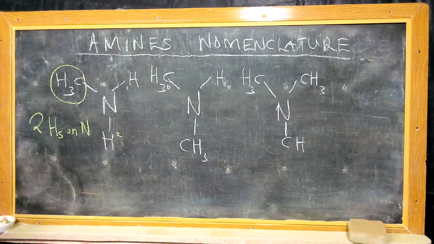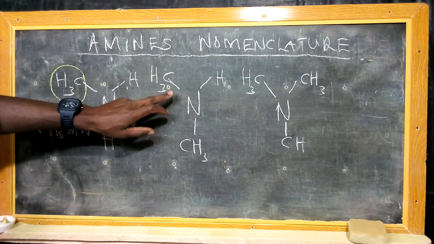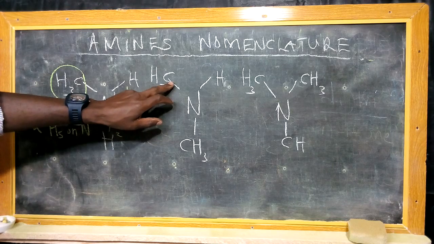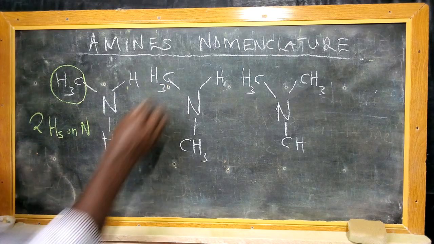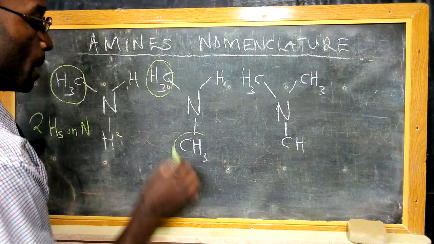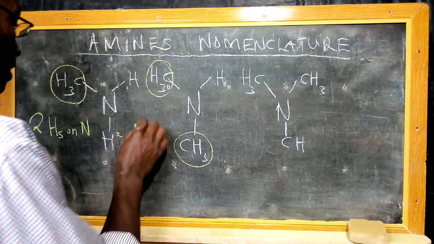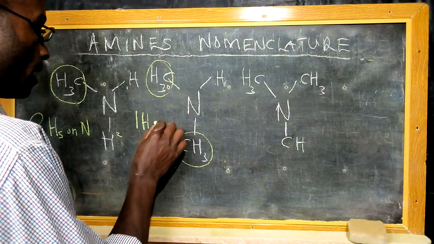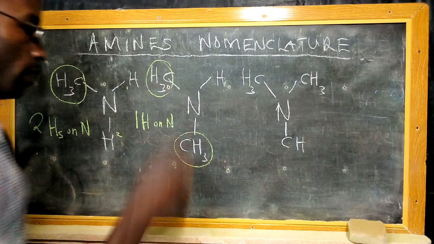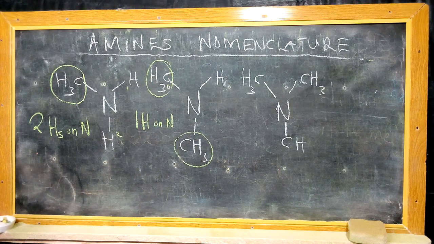Now the second class, we have two substitutions for the amine group. This is the first one, and this is the second one, and a single hydrogen. So we have one hydrogen attached to the nitrogen atom.